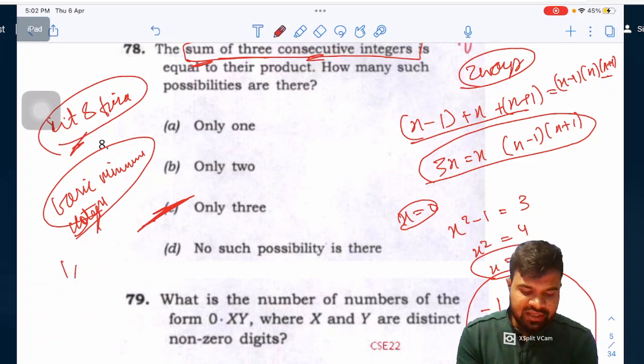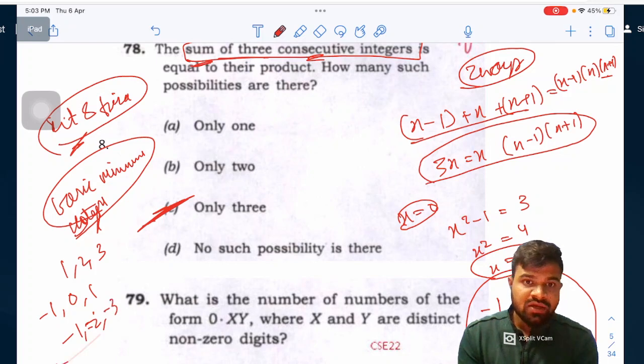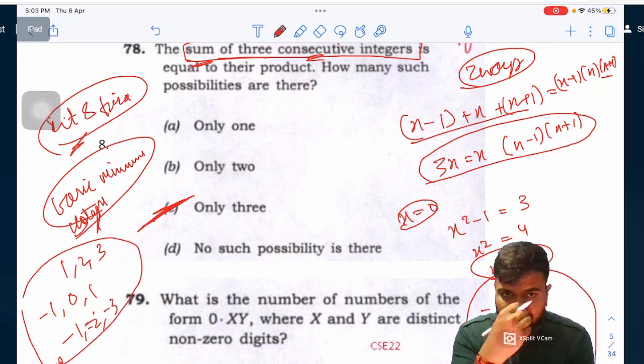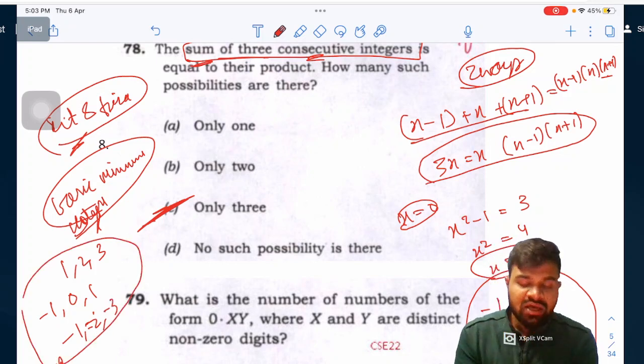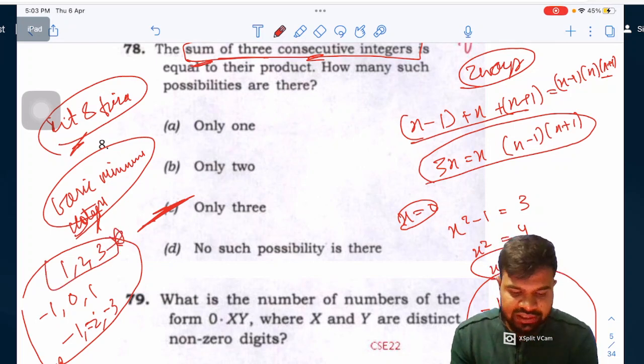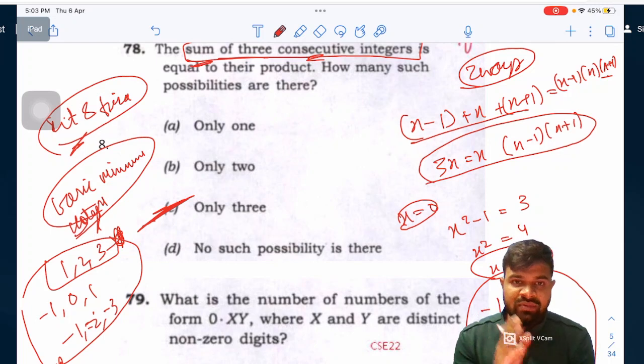Basic minimum integers, that means 1, 2, 3, and minus 1, 0 and 1, and the negatives, minus 1, minus 2 and minus 3. These are the only ones you are going to check. When it comes to natural numbers, this is true. This was also a PYQ. But for integers, we have to include 0 as well, and check the negatives of these numbers as well.